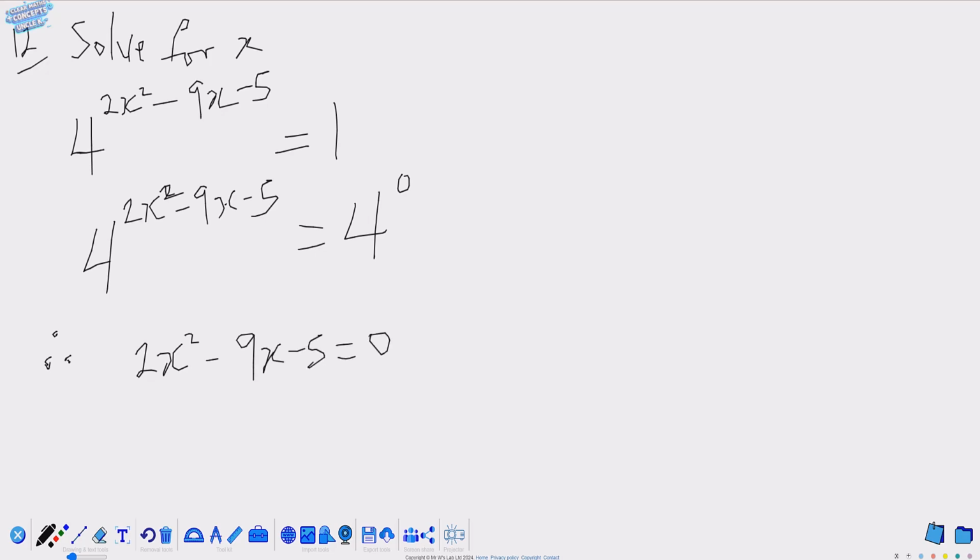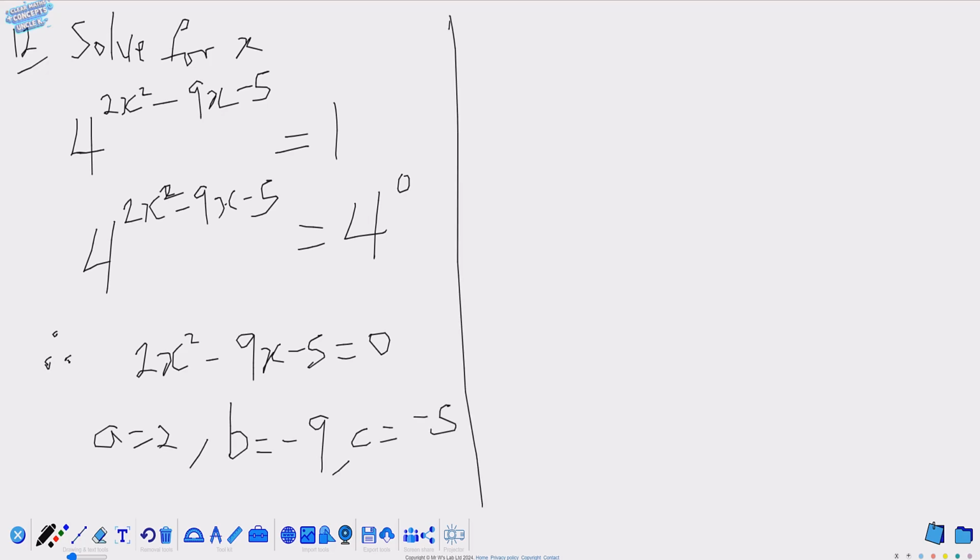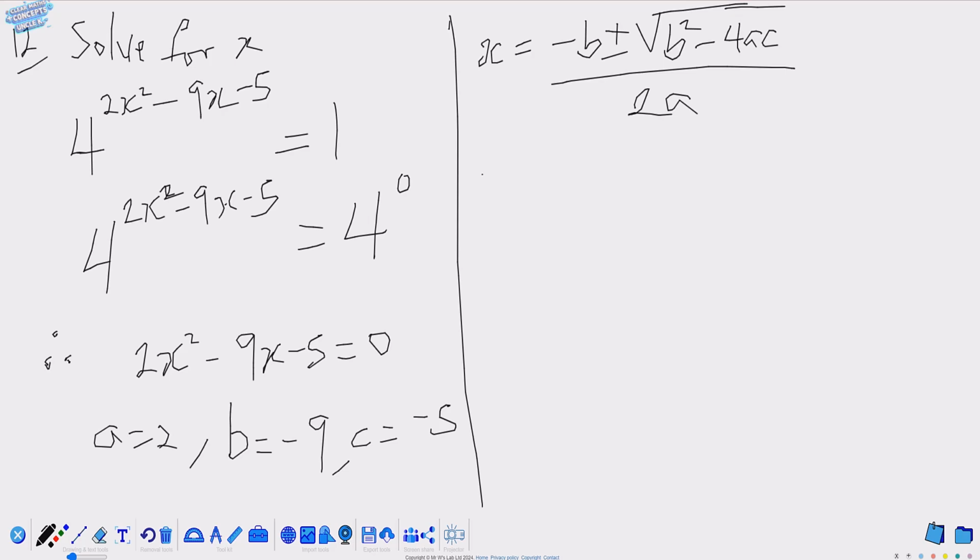This will give us a quadratic equation, so we use the same formula. In this case, a is 2, b is minus 9, and c is minus 5. This formula is something you have to actually remember: x equals minus b plus or minus square root of b squared minus 4ac, over 2a.